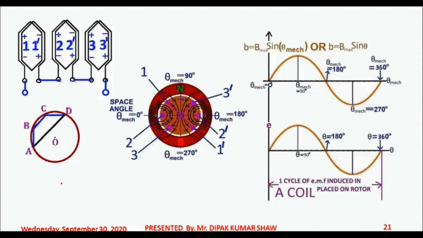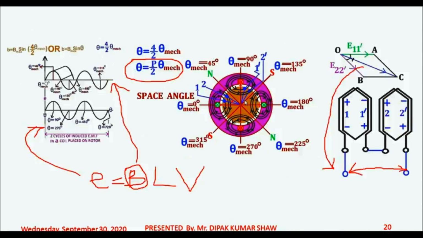But you should note that this being a two-pole machine, theta electrical and mechanical are the same. I could not say the same thing for this particular case. Why? Because over here the number of poles is 4. So the span in mechanical degree has changed compared to the two-pole case.